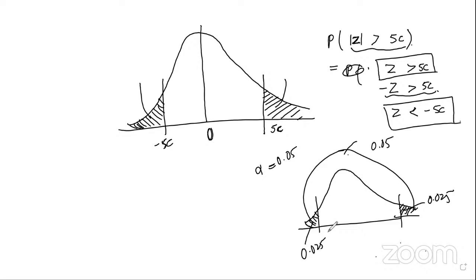Okay, the same thing we are doing here. If you have to find probability mod of Z greater than 5C, it means we can just double this area, and we are going to get the overall shaded result, right?